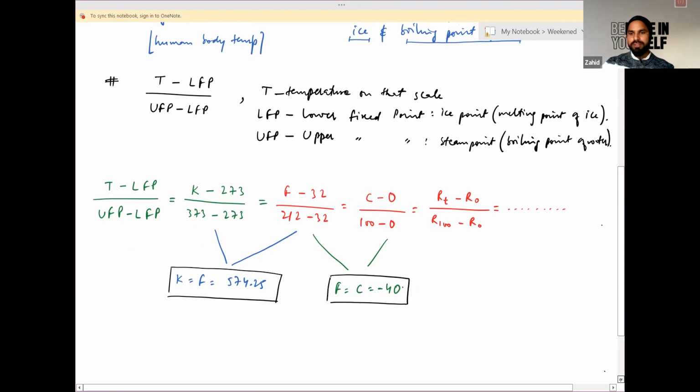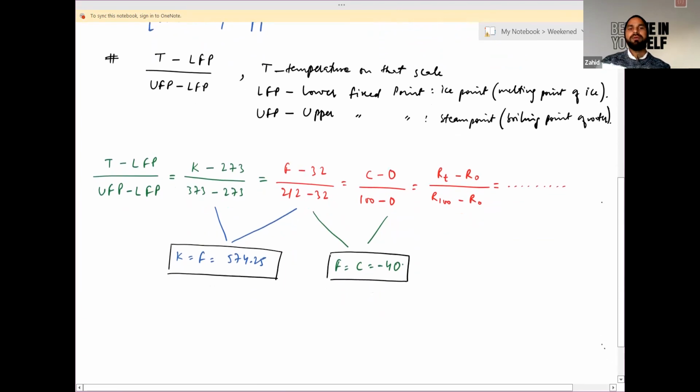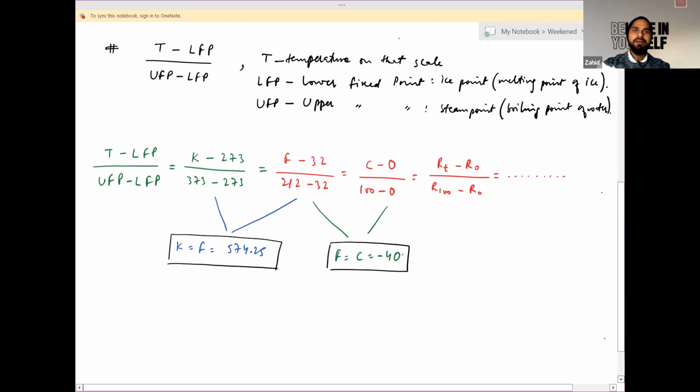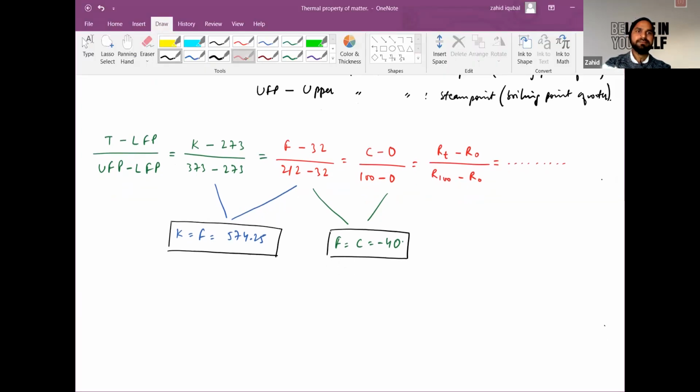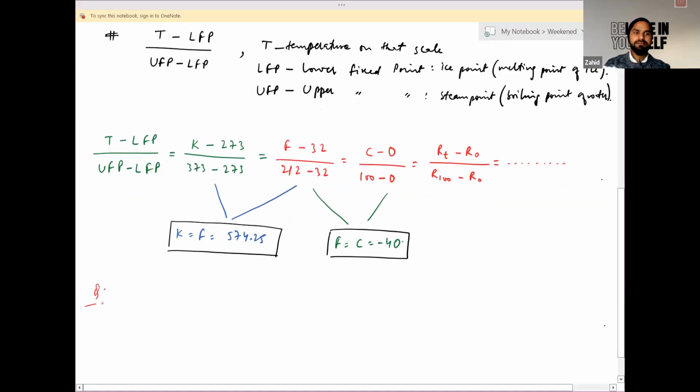Now, if you have to convert a numerical value from one scale to another, just put values in this part and try to equate to find them. Suppose we have to find 60 degrees Celsius in Fahrenheit scale.